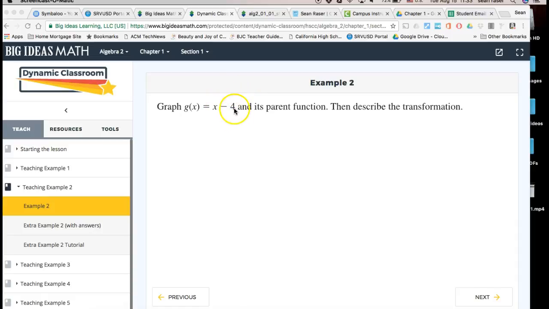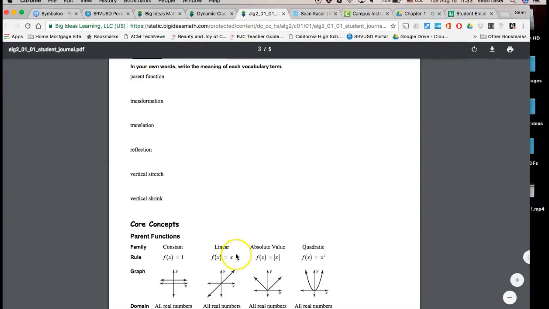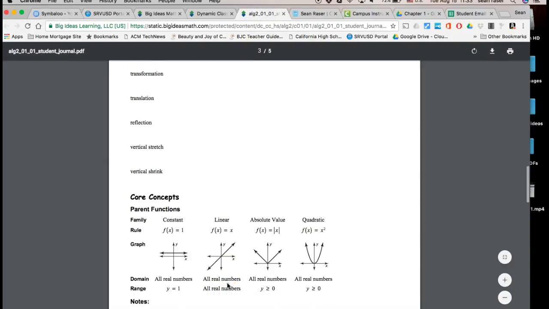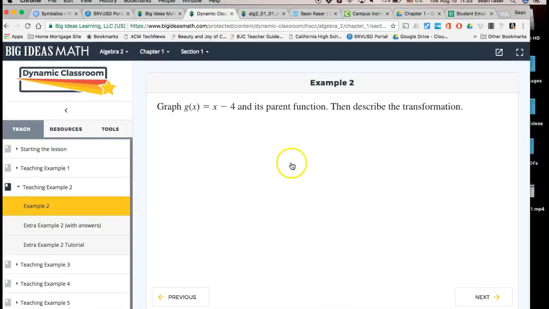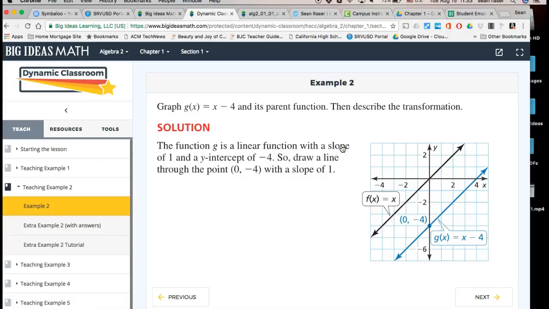Now if you look at the parent function for linear, we know that linear is going to have a slope of 1 and a y-intercept of 0. So let's go ahead and look at both of these graphs and then see what transformation has happened.